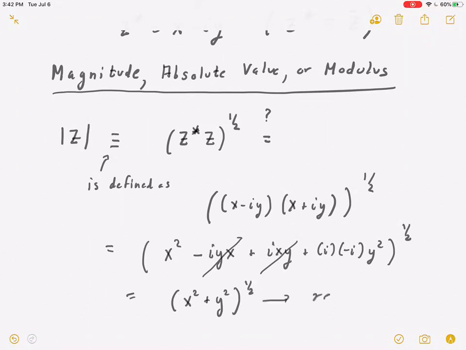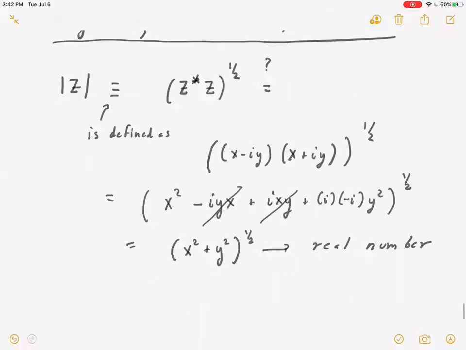And note that this thing is a real number. So even though a number can be complex, its magnitude, absolute value, or norm is still going to be real, measurable.